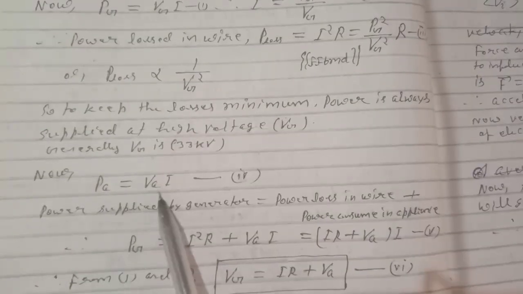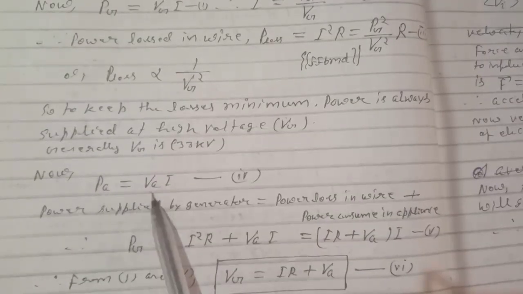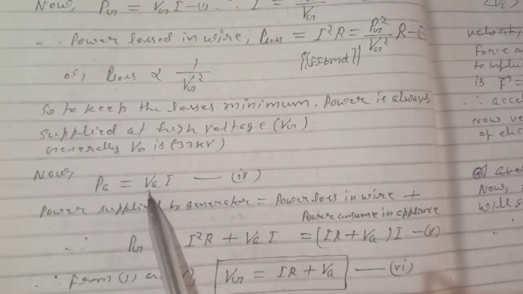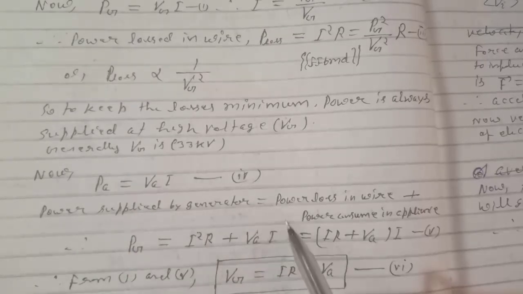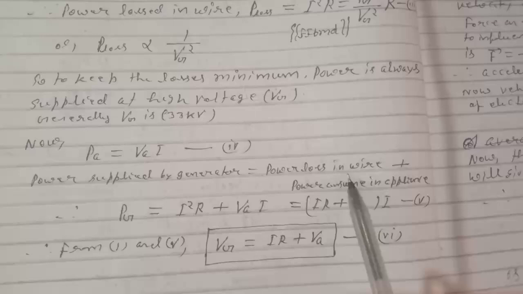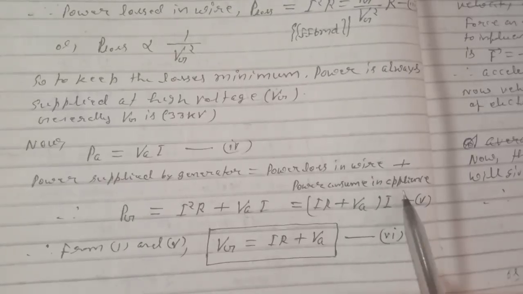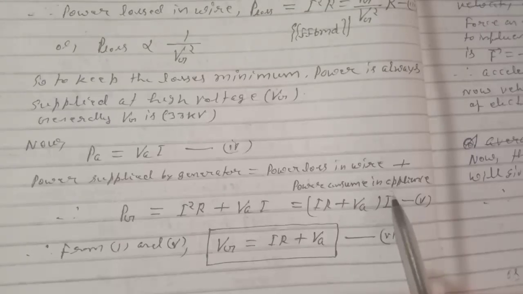Again now PA equals VA into I, that is power in appliance equals VA into I. The same current is flowing all over the transmission line. So power supplied by generator equals power loss in wire plus power consumed in appliance.